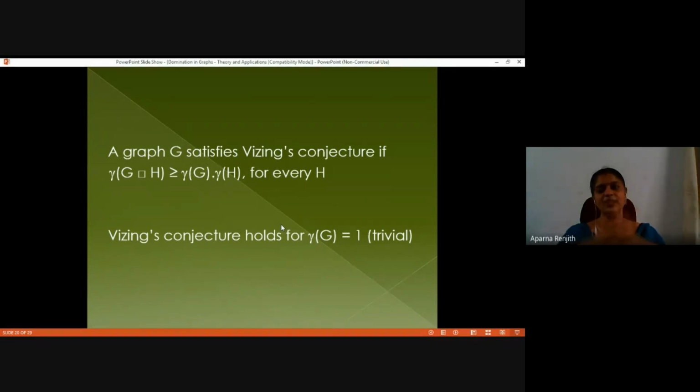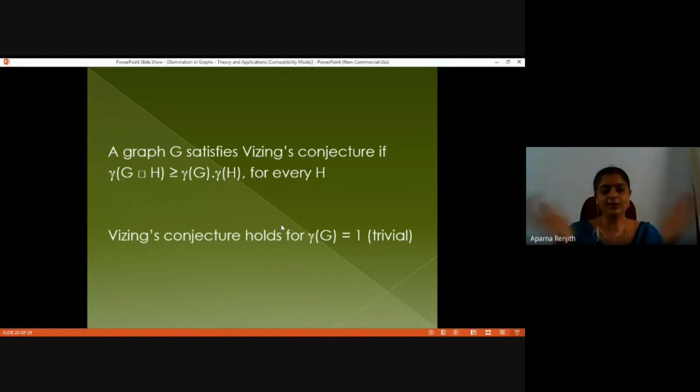So some special cases. A particular graph G is said to satisfy Vizing's conjecture if G together with any other graph H satisfies Vizing's inequality. That is, we have fixed G and gamma of G box H is greater than or equal to gamma of G into gamma of H for every other graph H. Then we say that this particular graph G satisfies Vizing's conjecture.